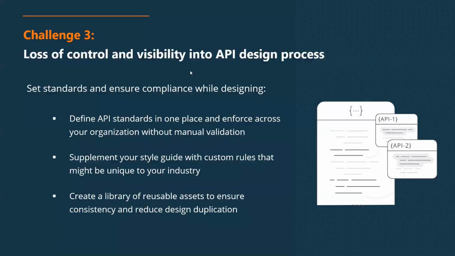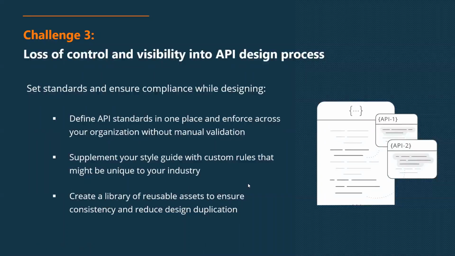So within challenge 3 here, with regards to the loss of control and visibility, within SwaggerHub you'll be able to implement your own style guidelines or rules, which means that, for instance, if you wanted to implement a rule to say that every API definition must have a 200 response, you would be able to implement that, and then it'll give back an error if your API definition isn't following these rules. So it's just an easy way of being able to define a list of rules that the design of your API must follow.